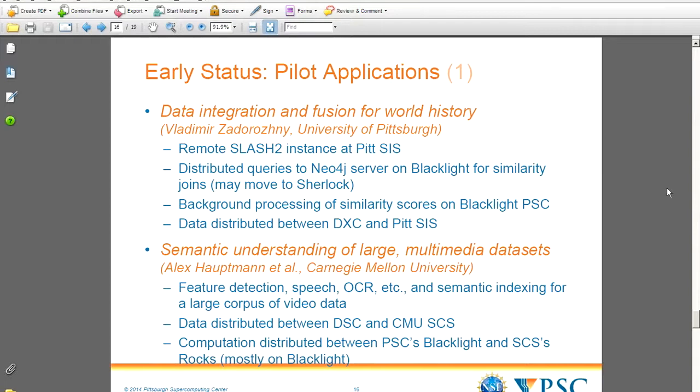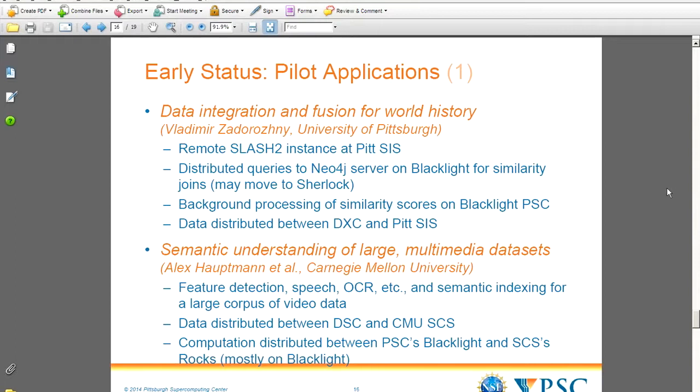We have a dedicated blade of Blacklight under the Data XSL project running Neo4j, a graph database, 24/7 to serve various of their queries. We may move some of that functionality to Sherlock eventually, and off to other nodes too. Obviously, different node types are optimal for different types of databases and different queries. And the whole point is to run things on the systems where they're the most effective.